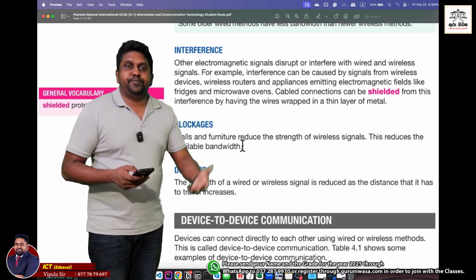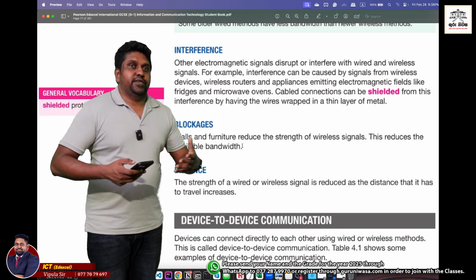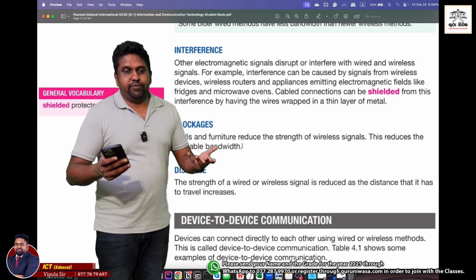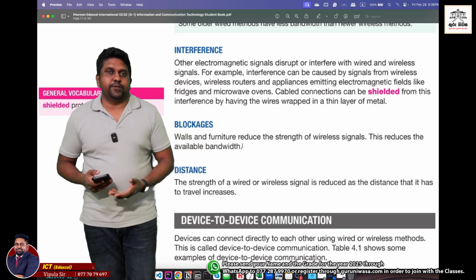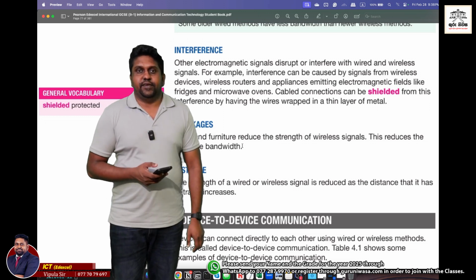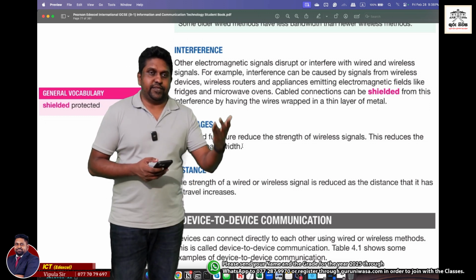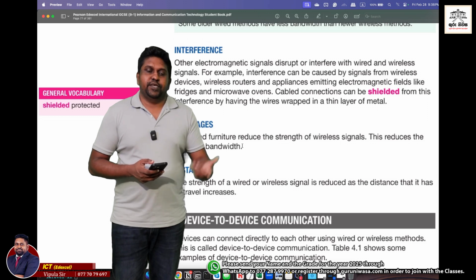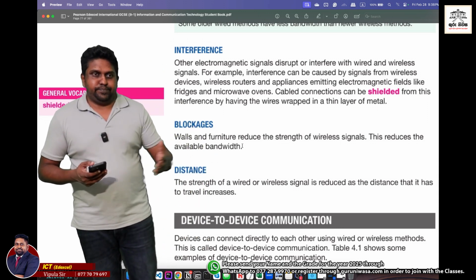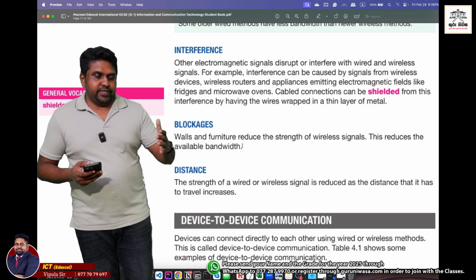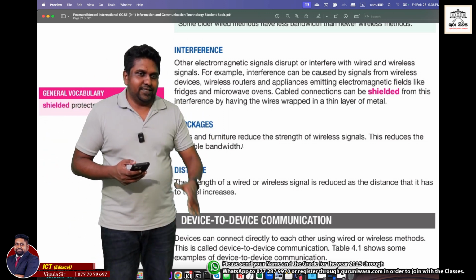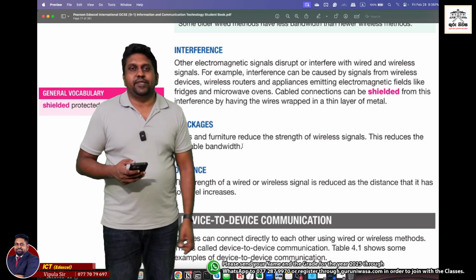If your house has multiple floors with concrete floors, then obviously that's going to disrupt the signals, because when the signal goes through the concrete floors, it's going to take a long time. The concrete structures do disrupt the signals.